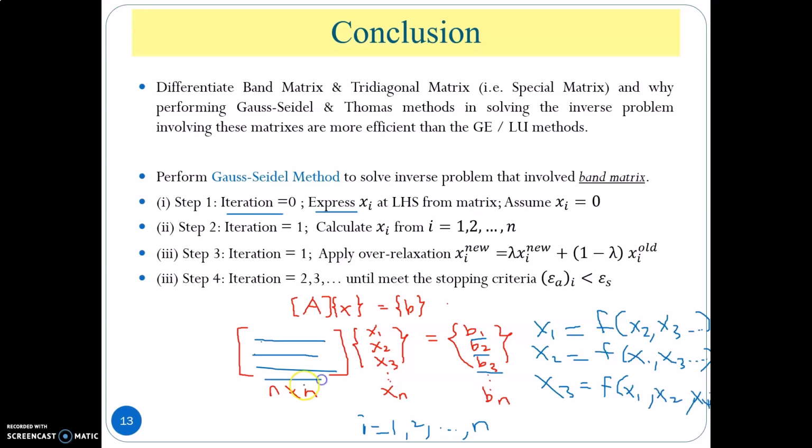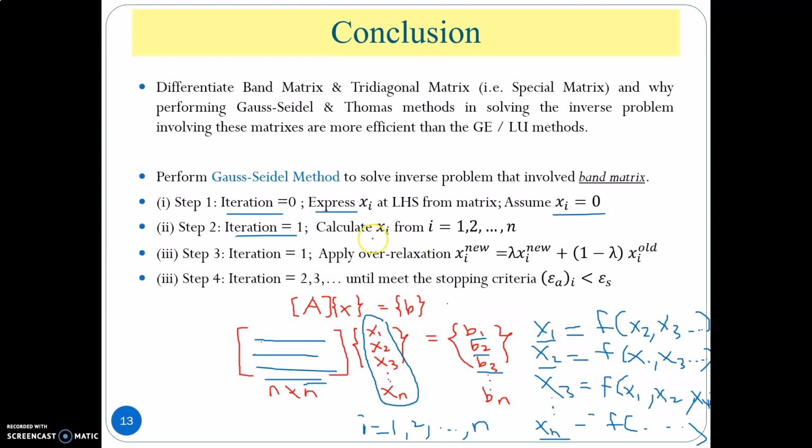If you have n equations here, then you continue to solve this and obtain the xn on your left hand side. And then we assume all the x is 0, therefore x1 until xn is 0. In step 2, the iteration is equal to 1, means the iteration starts.